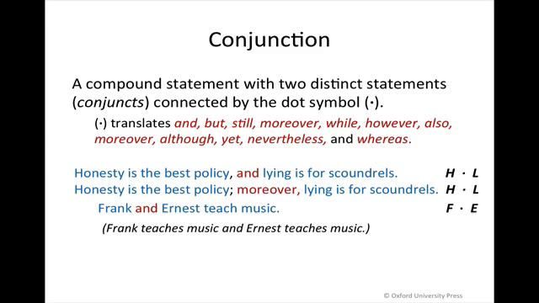What's really important, though, is not the letter that you choose, but the consistency with which you choose it. So, for example, if you've already chosen H for Hamlet is a tragedy, and then somewhere else in your argument you have honesty is the best policy, you need to use a different letter. But if you're considering these sentences separate from each other, then you could use the same letter for, respectively, Hamlet is a tragedy and honesty is the best policy.